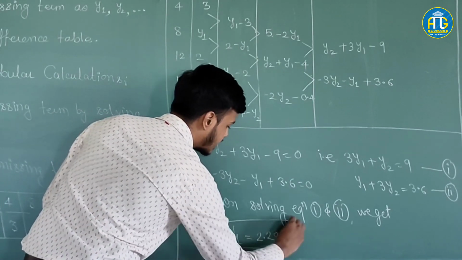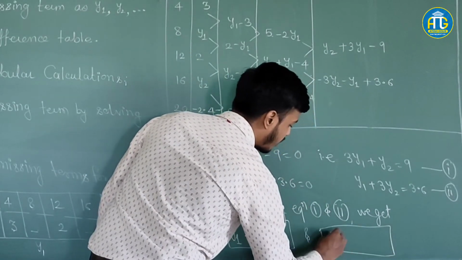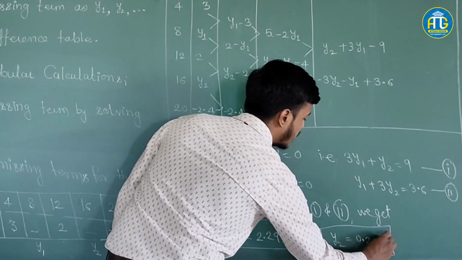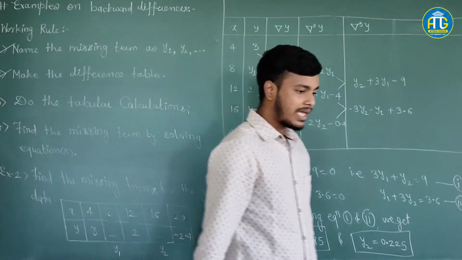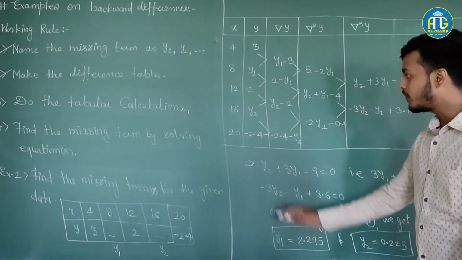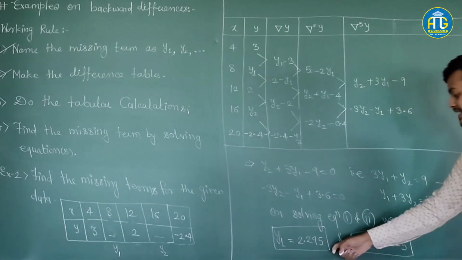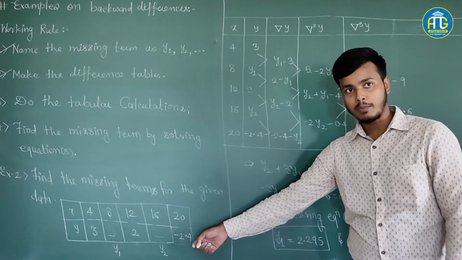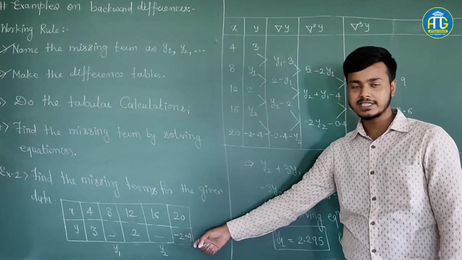We have already solved this problem in the last video lecture also, and the value of y2 comes out to be 0.225. Okay, so as you can see, whether you apply the forward difference or backward difference, you would always get exactly the same answer for the problem which you have solved with the help of forward differences.